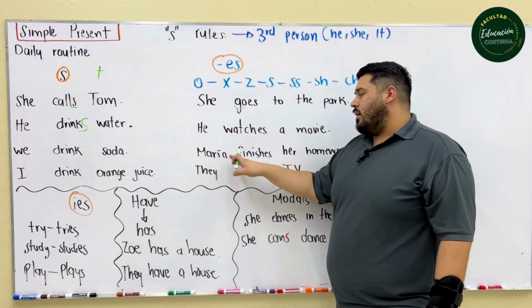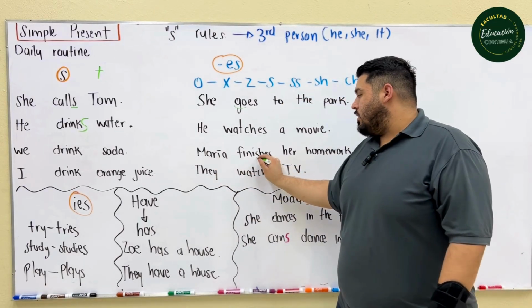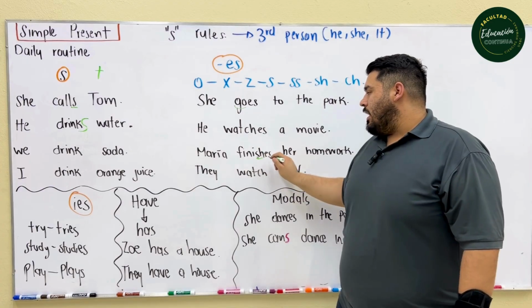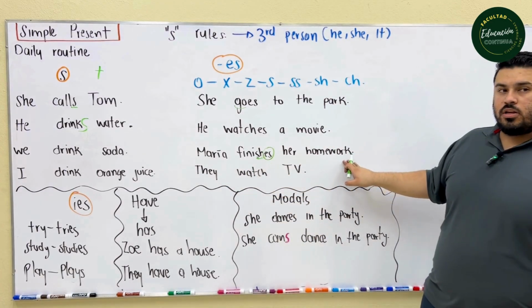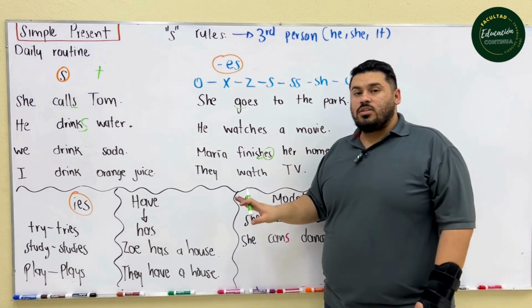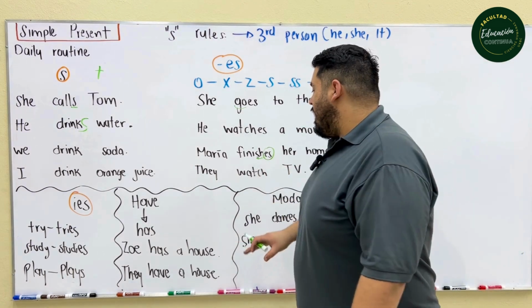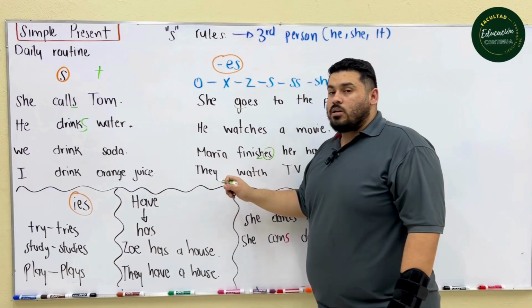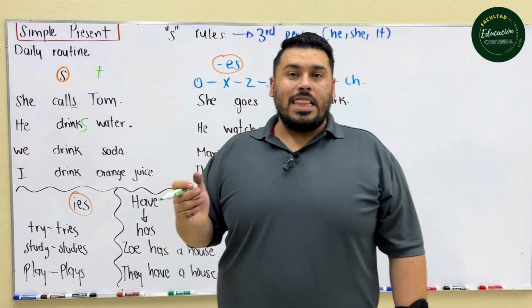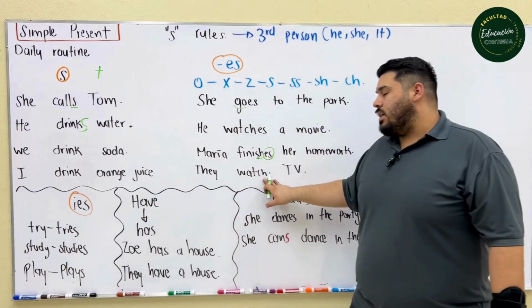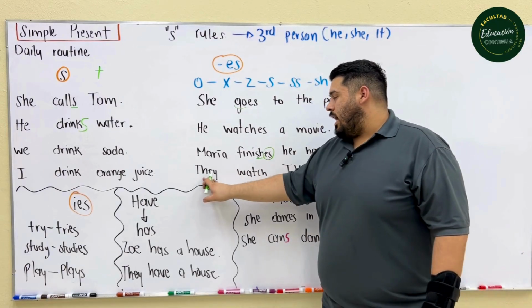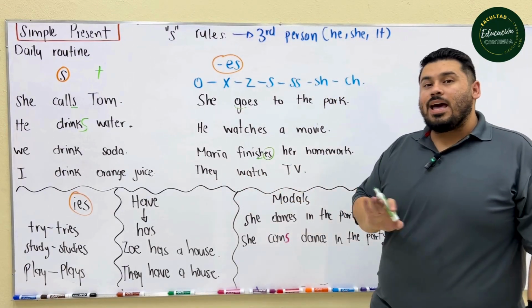Now, Maria finish ends with SH, so add ES. Maria finishes her homework. Now, for example, in this case we're talking about they. I'm sorry, it doesn't have the ES. So they watch TV, and that's all.